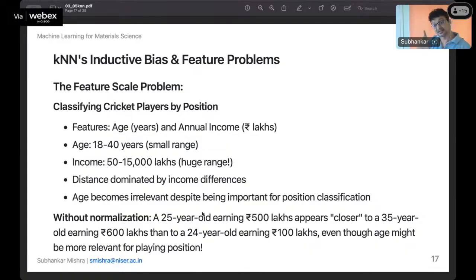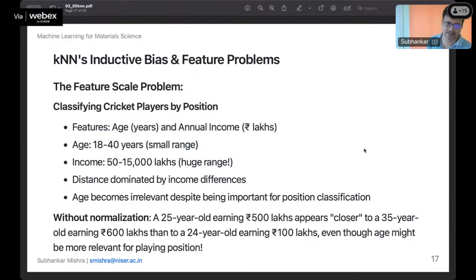And what weight has to be given becomes a hyperparameter again, which we have to select. KNN is a very nice algorithm, you will apply it for your work as well, and it's very hard to beat KNN.